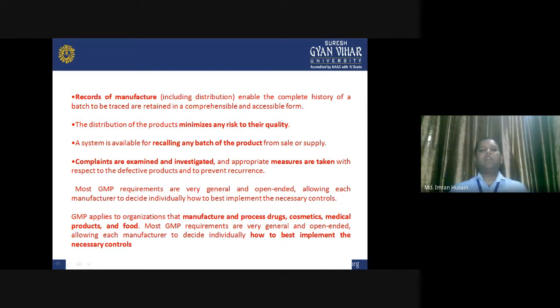When the production is up to the mark and the things are manufactured, they are subsequently categorized according to batches, which include the month and date of their manufacturing. Records are retained in a comprehensible and accessible form. The distribution of product minimizes any risk to its quality. A system is available for recalling any batch of that product from sales or supply.